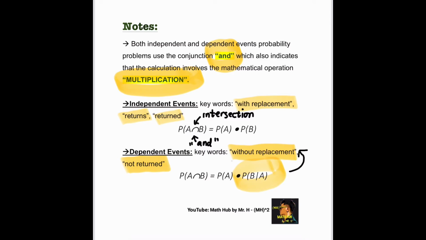Since event A happened, definitely the probability for the second event happening will be affected by the first event that already occurred. Okay, so later when we answer examples, definitely you'll be able to understand the effect of the things that are not returned or replaced. Without further ado, let's take a look at the first example.